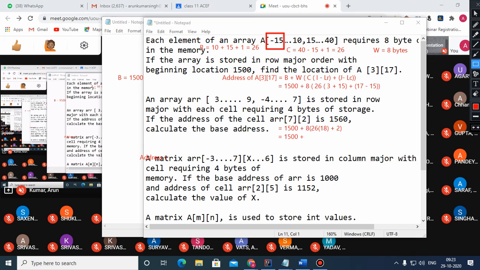So here they have just given you the concept that, suppose if you consider a graph system, right? So you will have x-axis and y-axis. So minus 15, just plot that. It will be on the left side. So from minus 15 up to 10, and then from 15 up to, like that.